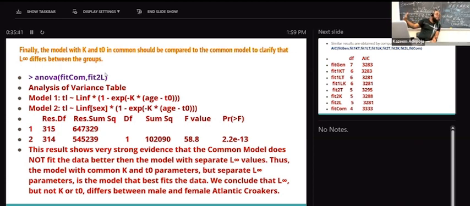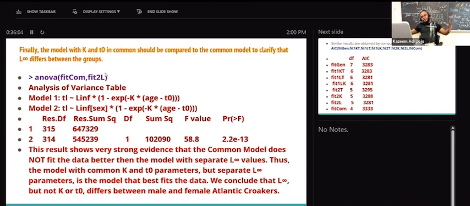What you are saying is what they do not have. So that was why I said the results show very strong evidence that the common model does not fit that well, and thus the model with common K and T0 parameters but separate L infinity is the model that we're going to choose. Now, what is the general conclusion?